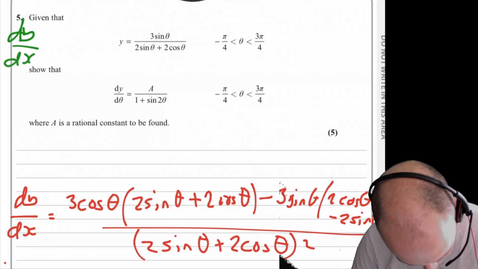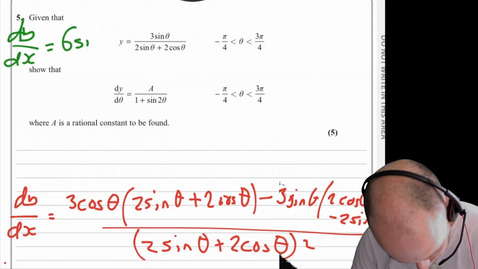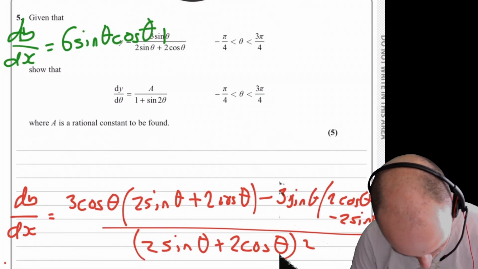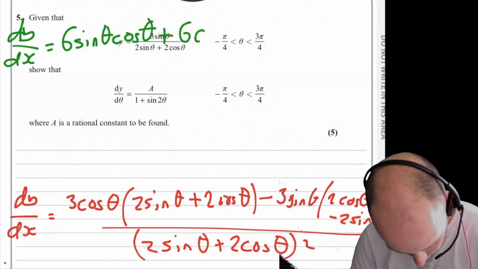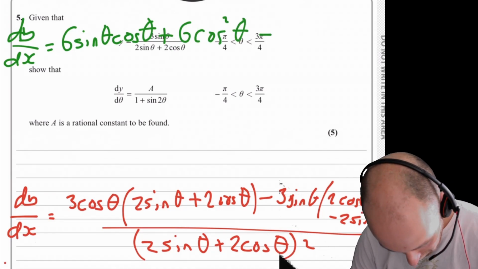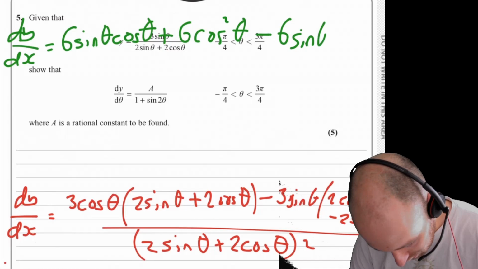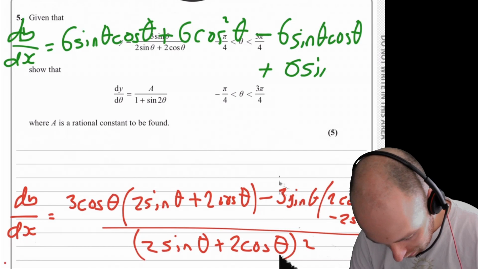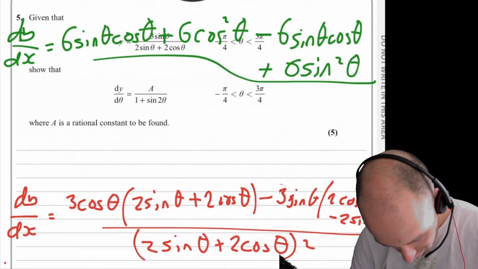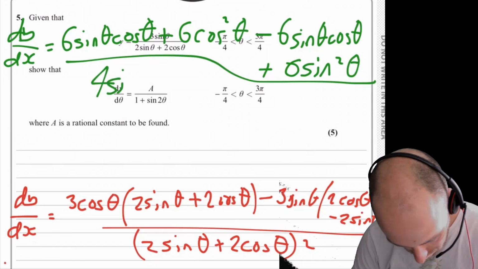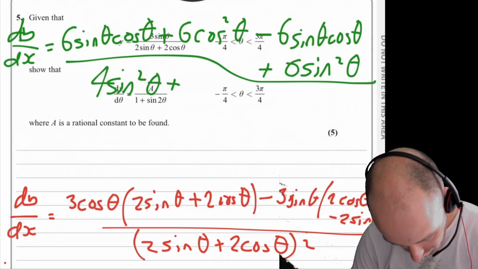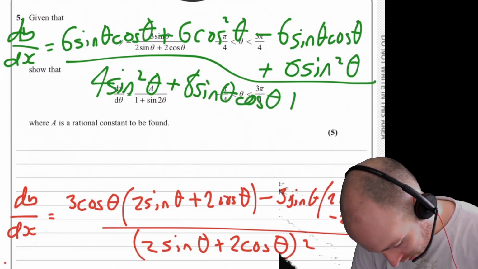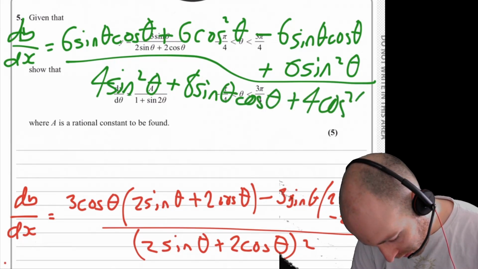So dy/dx is 6 sine theta cos theta plus 6 cos squared theta minus 6 sine theta cos theta plus 6 sine squared theta, all over 4 sine squared theta plus 8 sine theta cos theta plus 4 cos squared theta.